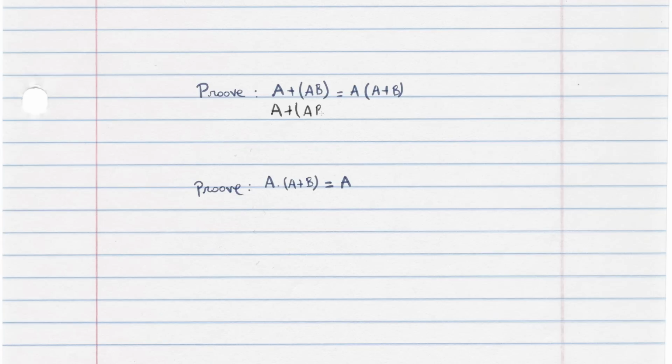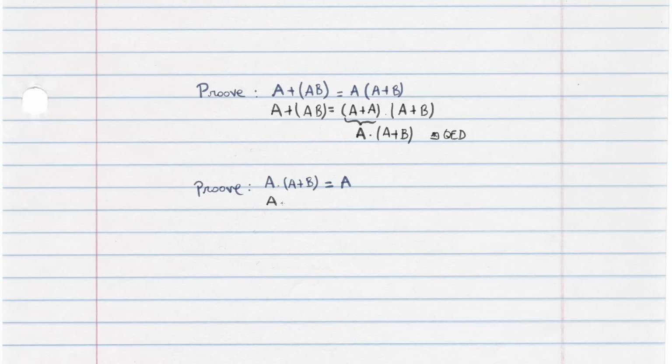So to prove that A or (A and B) equals A and (A or B), the first thing we can do here is A is the same as A or A, and we can get the same thing, A and B. And here we see that we can use the distributivity to write A and (A or B), and that's it.